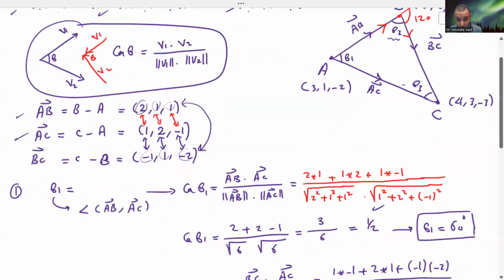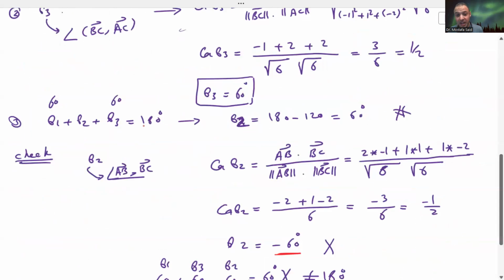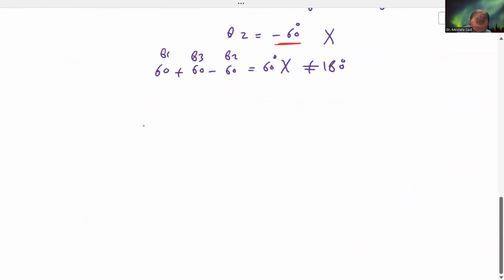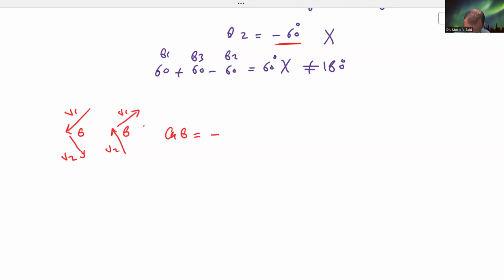So to correct the formula and still use it, we should add a negative. So if the two vectors are making it like that, or like that, cosine theta is equal to minus v1 dot v2 over magnitude of v1 times magnitude of v2.